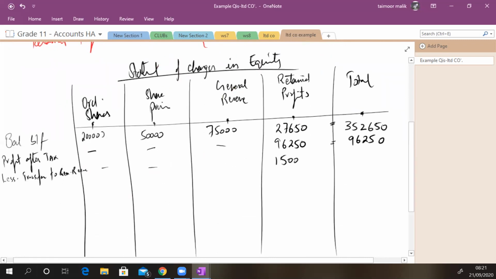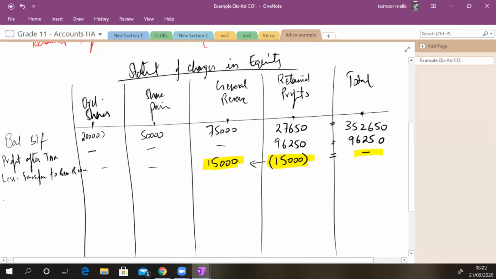You will take 15 from here and you will add 15 over here. And the total impact of transfer is 0. Why? Because something which is there in the equity is going to another equity, right? So overall within equity there will not be any change.